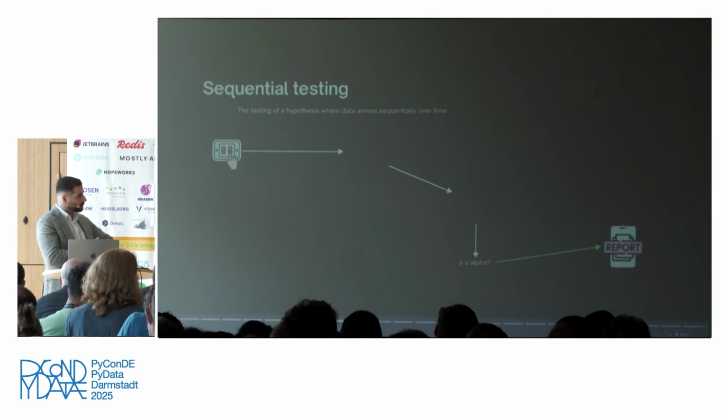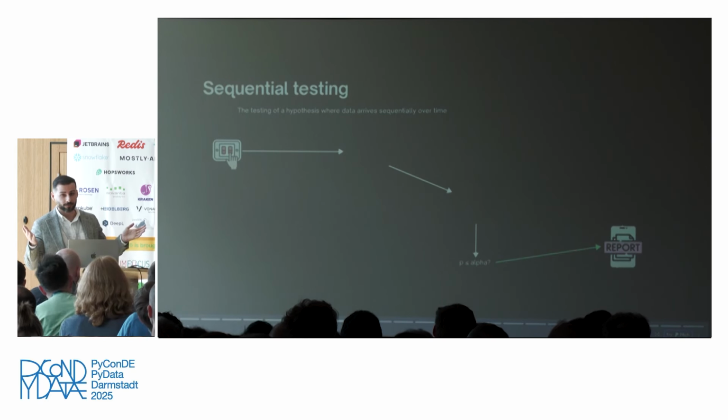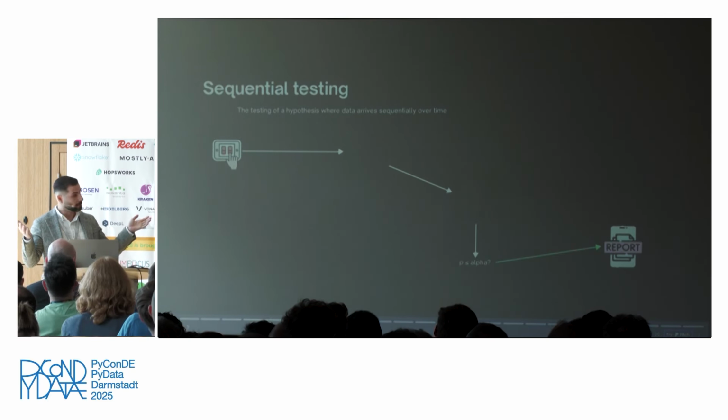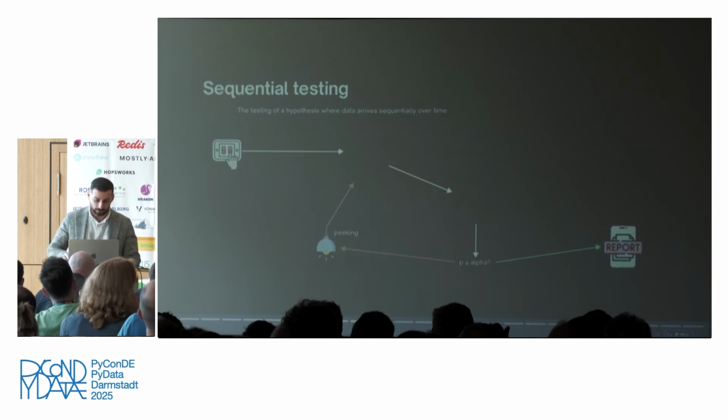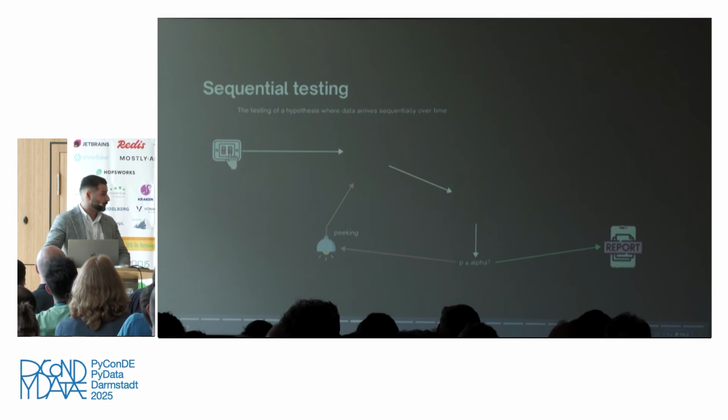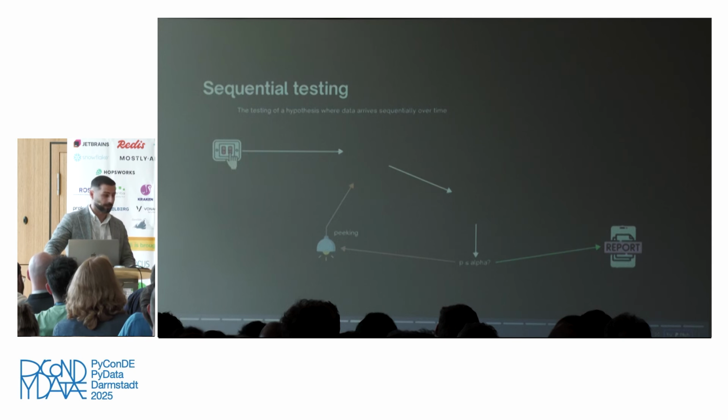So when you're finished with the experiment, either you cross alpha or not, but you have to report anyway, right? What many do, they turn on the light and they start looking. They start looking maybe with methods that do actually invalidate their test.